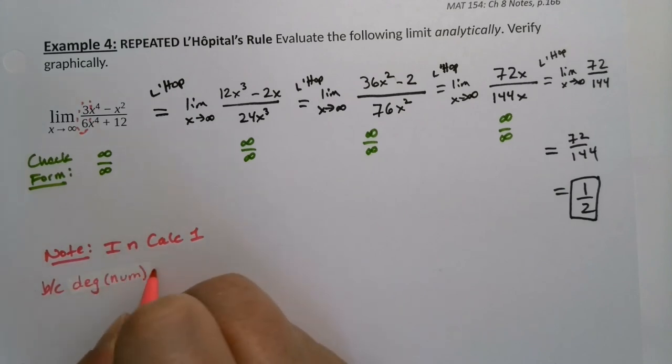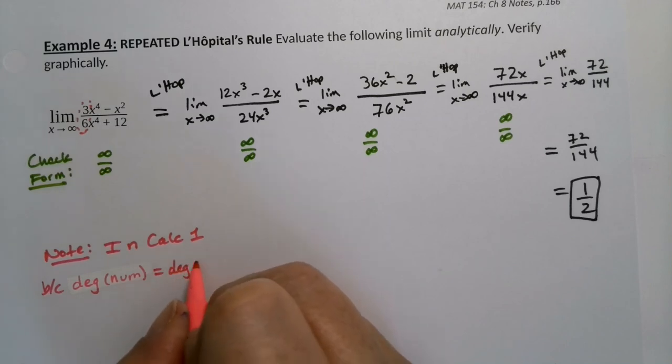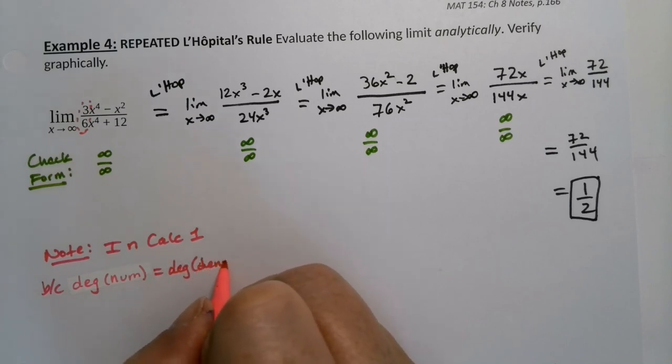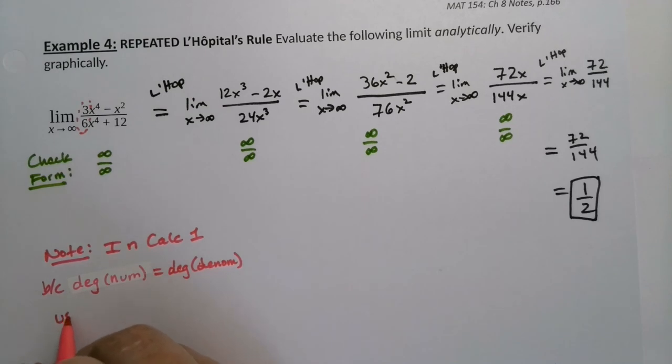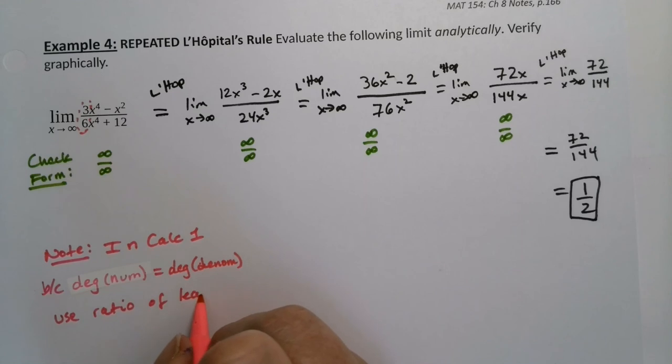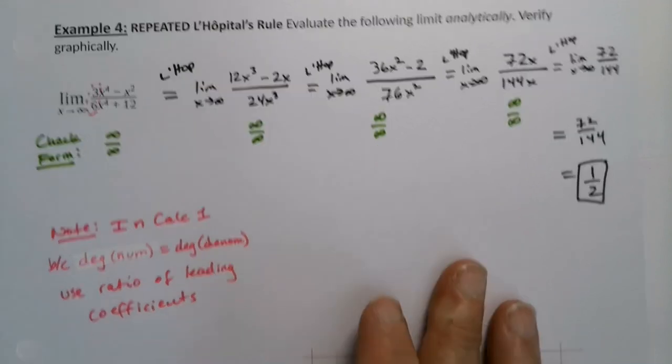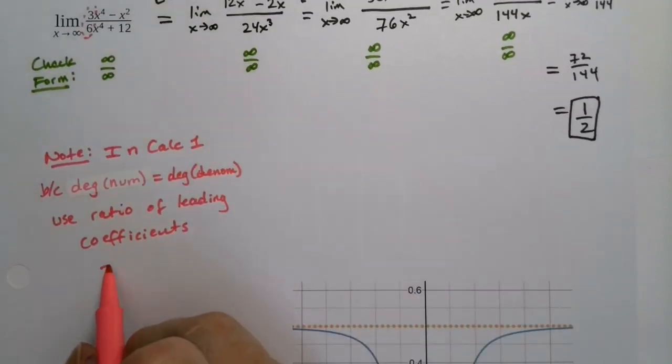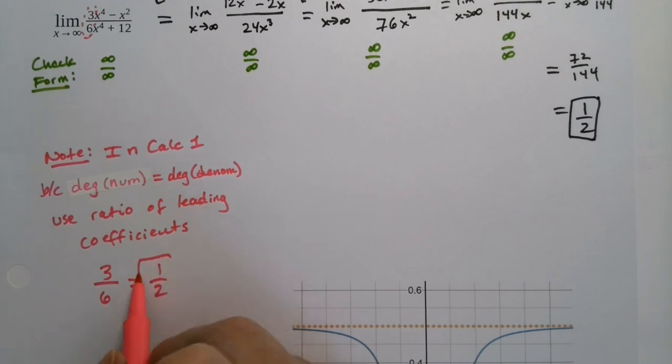If they're not equal, there are other issues. But if the degree of the numerator is equal to the degree of the denominator, then you use the ratio of the leading coefficients. Right? And so they tell you 3 divided by 6, which is 1/2, and you're done.